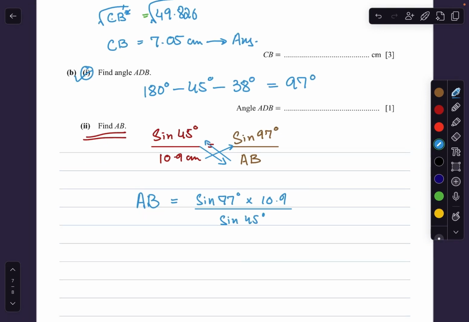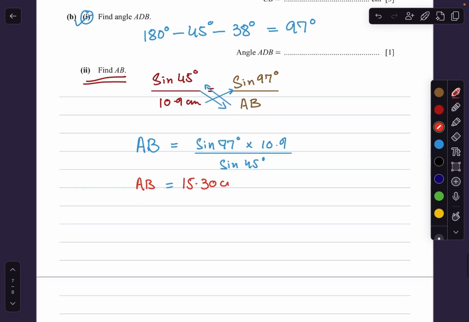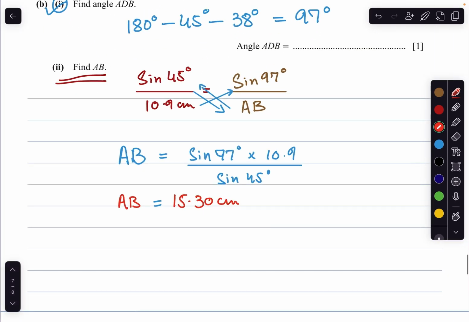Just use your calculator: sine of 97 times 10.9 and then divide by sine of 45 degrees. The length AB equals 15.30, and the units are centimeters. This is the solution for AB.